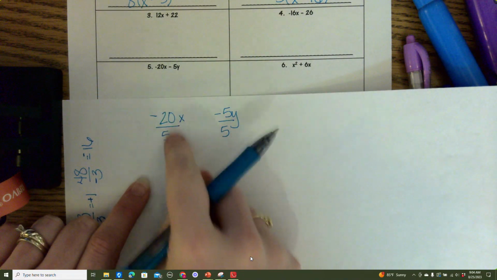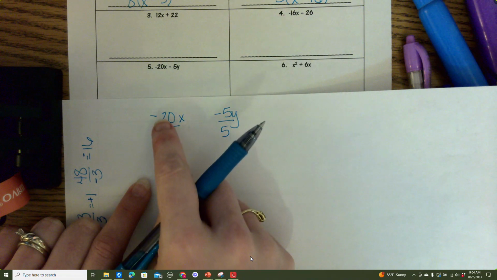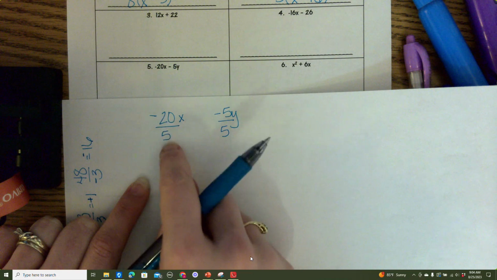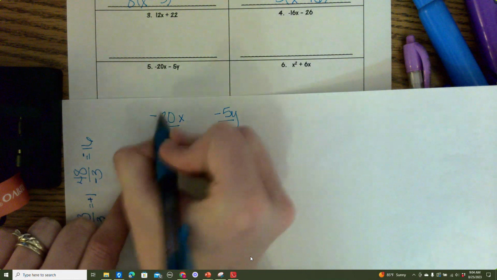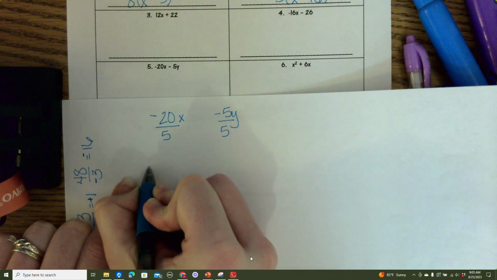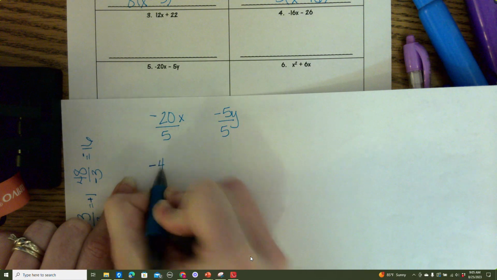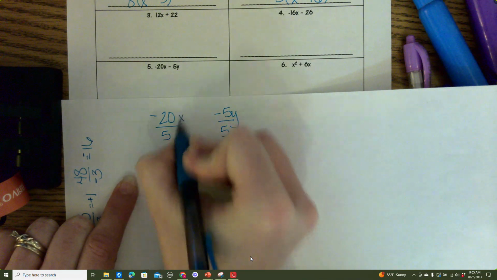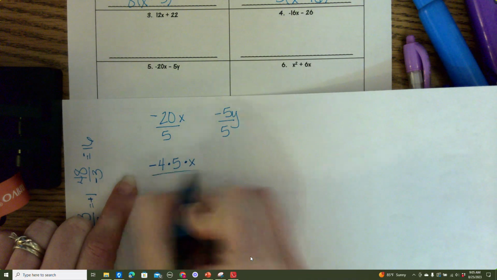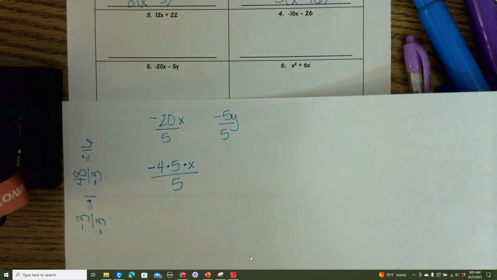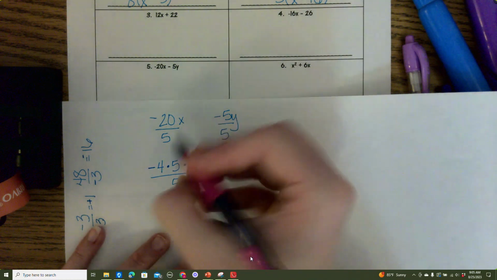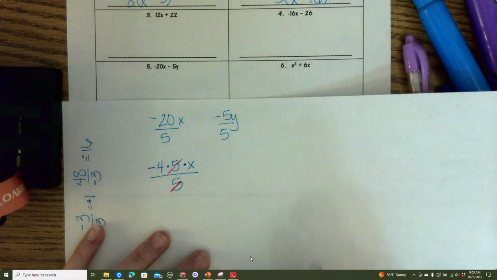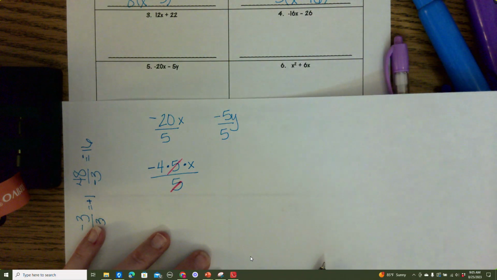So I just want to show you the math that's going on here. Fractions are just division. I typically write all my division as fractions. But I can take negative 20 and I can break it down into its factors. Negative 20 is the same as negative 4 times 5, and then that x is times x. And mathematically, if you have the same number on the top and the bottom of a fraction, they cancel.